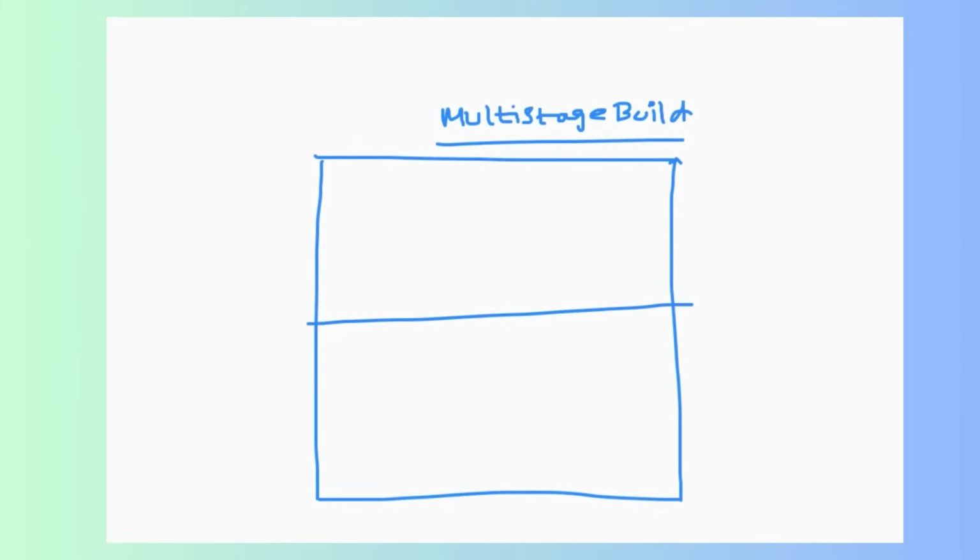So in the first part, what I'll do is I'll do the same thing: from Ubuntu. Then I'll use the run command to install all of the dependency packages, let's say 1, 2, 3, 4, 5. Then I will execute this as CMD. This was the initial process. But here, in the multi-stage build, I will not have this step.